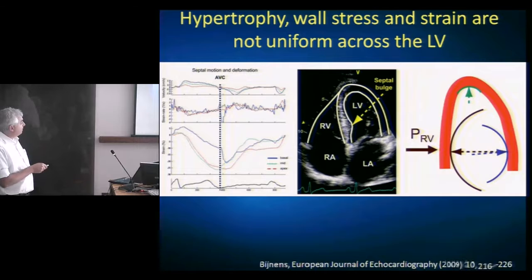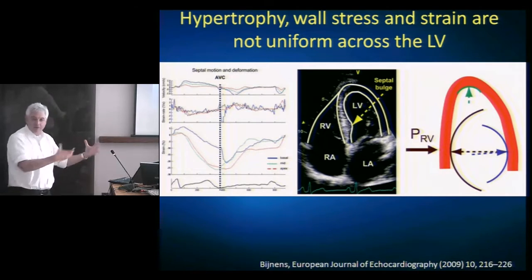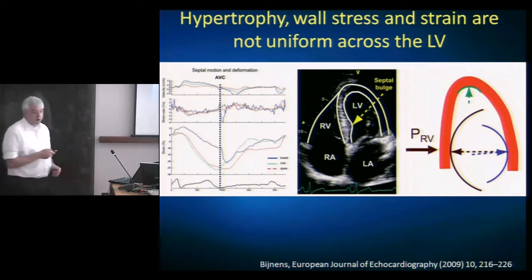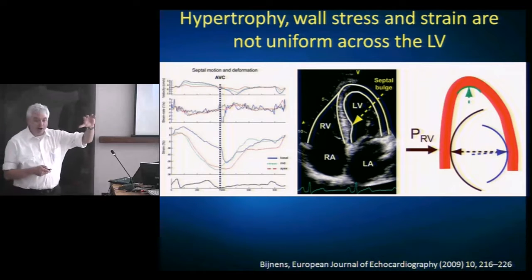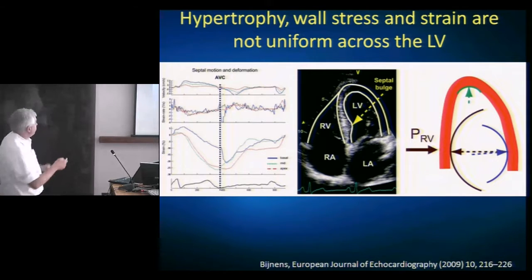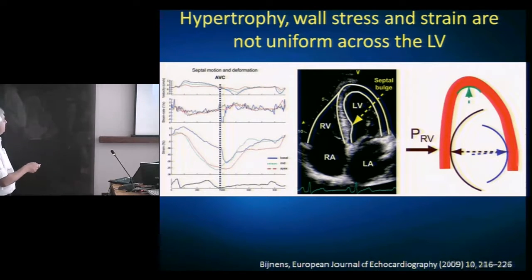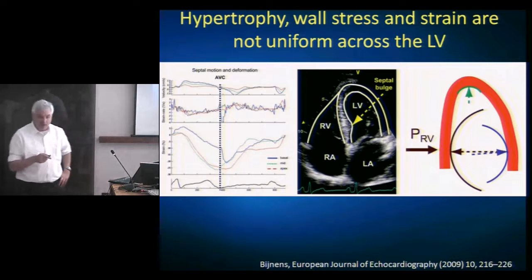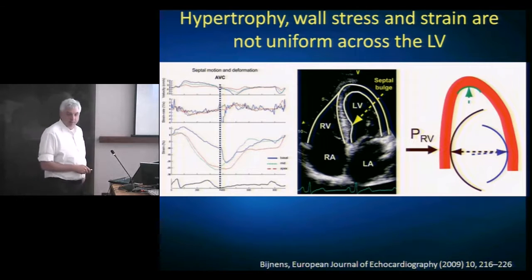And you'll often see this basal bulge getting thicker because it's compensating in those areas where wall stress is actually higher. And not only will it do that, but if you look then at the strain patterns in the different parts of the ventricle, you'll see that this basal septal part over here has decreased deformation and post-systolic shortening as a response. I told you post-systolic shortening is not specific to ischemia. It develops in other conditions as well, and here's an example.